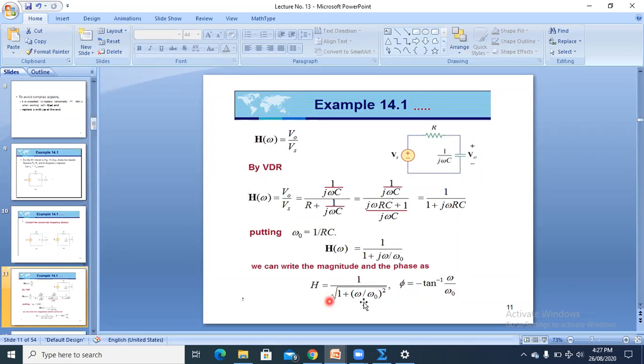So this is the magnitude, and minus tangent inverse omega by omega naught is in fact the phase of this circuit.